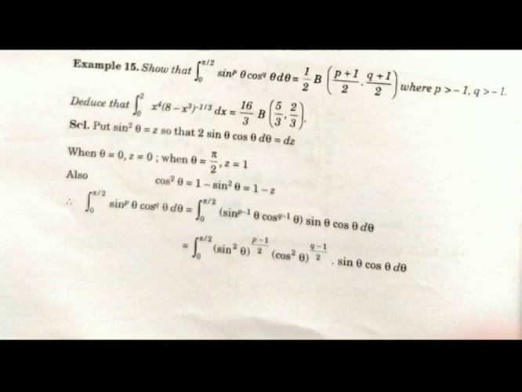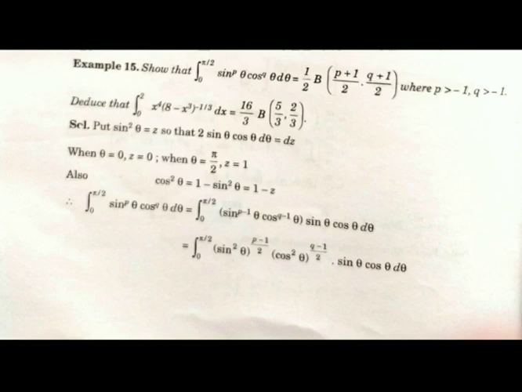Sin power p theta can be rewritten as sin raised to p minus 1 and sin power 1. If you take both, we get once again the power p. Then similarly for q, that is cos raised to q minus 1 and 1, once again we get the power q.